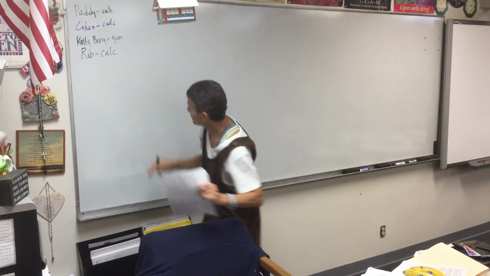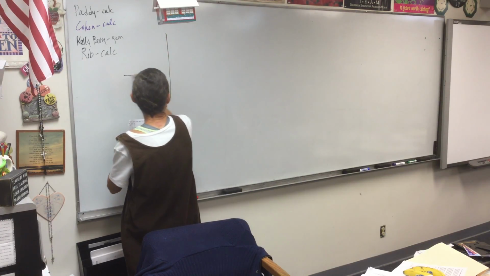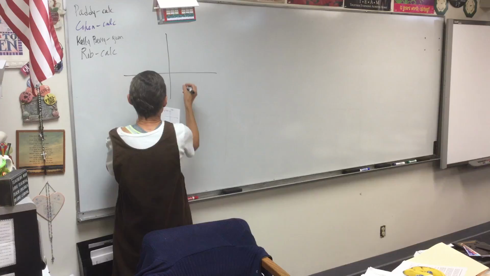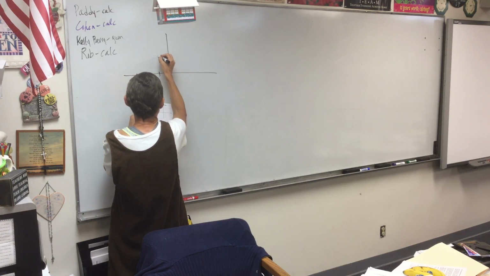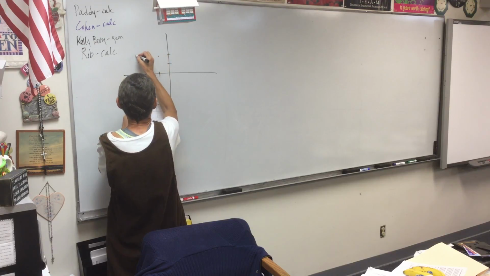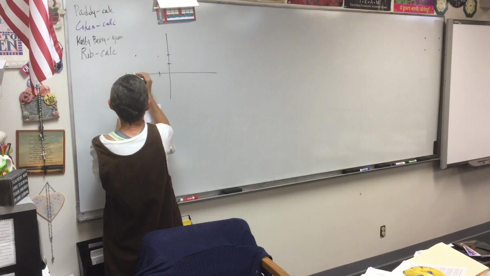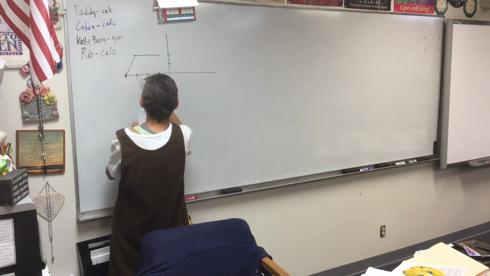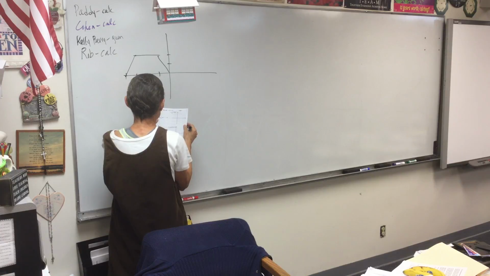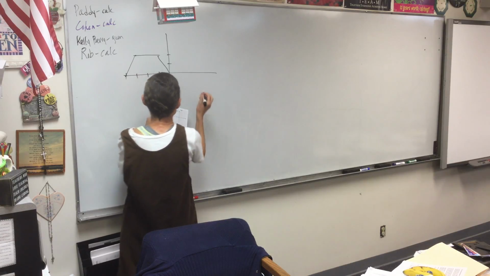The shape we have this time, and every time the shape is different, is a little trapezoid and a semicircle.